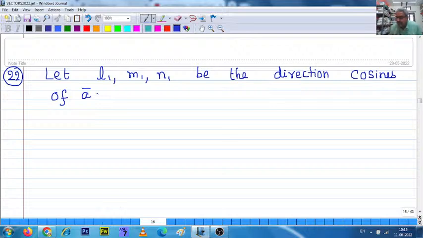How to find out direction cosines of A bar? It's very simple. First find out the unit vector of A bar and compare to L1x plus M1y plus N1z, so that you will be getting L1 comma M1 comma N1.